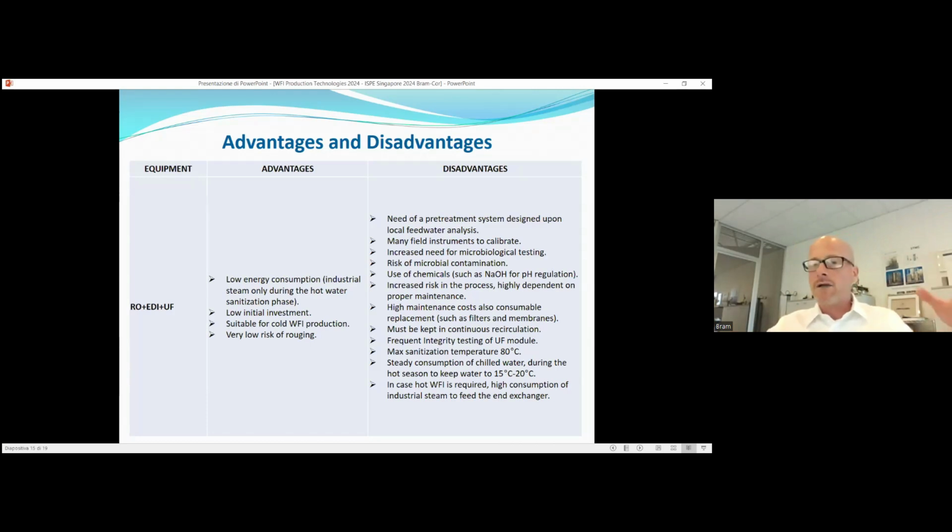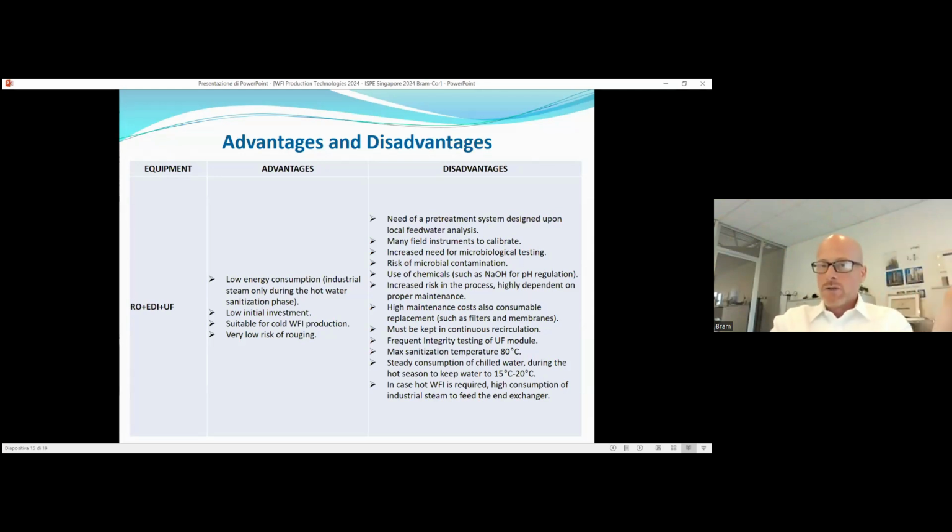There are various instruments to be calibrated. The control of microbiome content is increased because, again, there is not an interval with a boiling system, but everything flows directly to the WFI production. So it is important to have that.